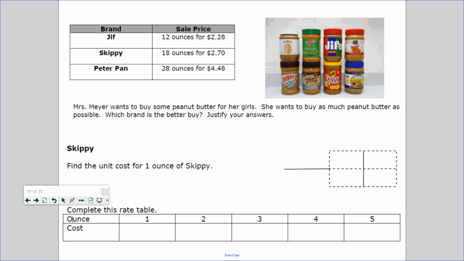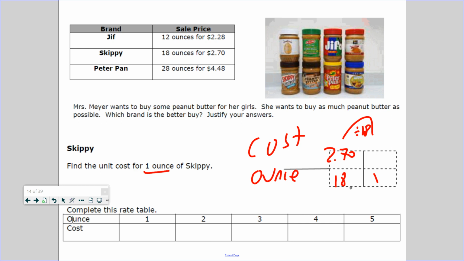Well, welcome back. I'm just going to tell you the answer. It's the cost for an ounce. So for Skippy it's $2.70 for 18 ounces. I want to know how much it costs for 1 ounce. If I divide by 18, divide by 18, 270 divided by 18 is 15 cents for every ounce.